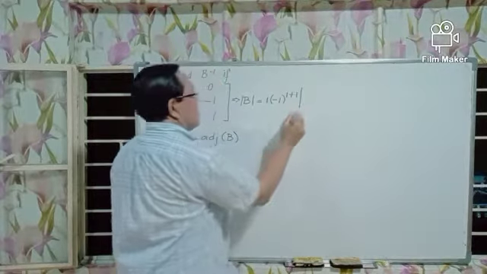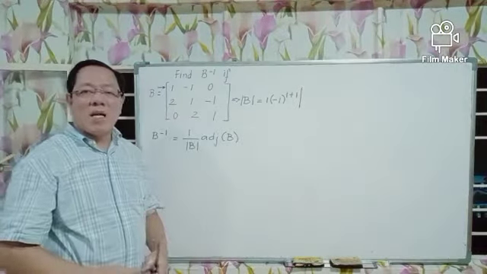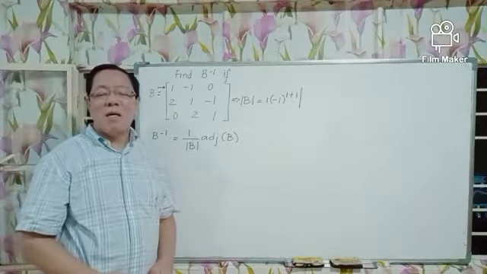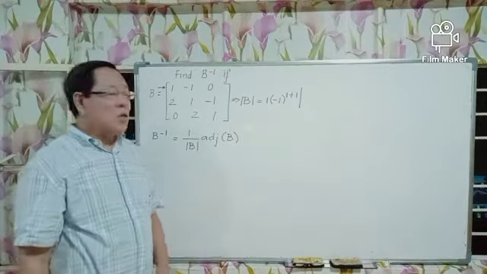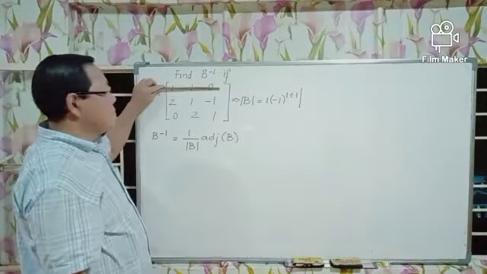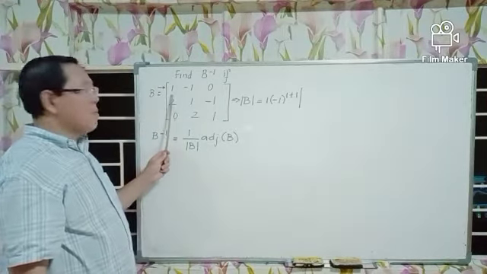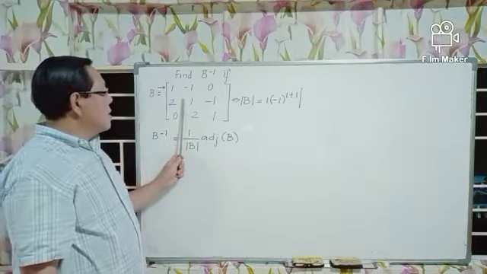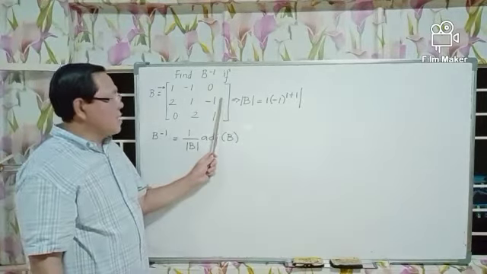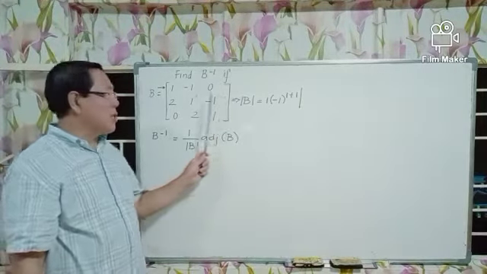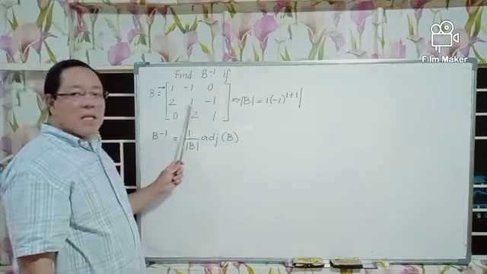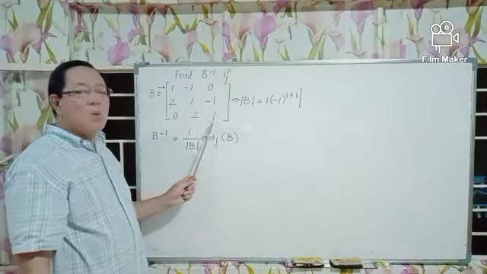And multiply that by the determinant that remains when you delete the first row, the row number of 1, and the first column, the column number of 1. And the determinant of the remaining entries is a determinant of order 2 with entries 1, minus 1, and 2, 1.